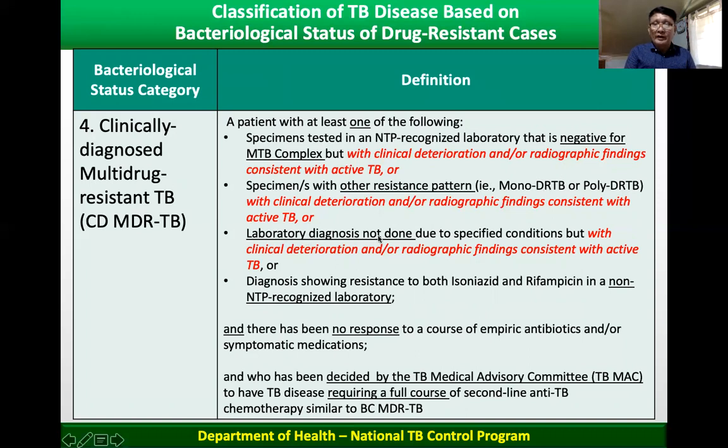Or laboratory diagnosis not done due to specific condition, but with clinical deterioration and radiographic finding consistent with active TB. Or diagnosis showing resistance to both isoniazid and rifampicin in a non-NTP recognized laboratory.